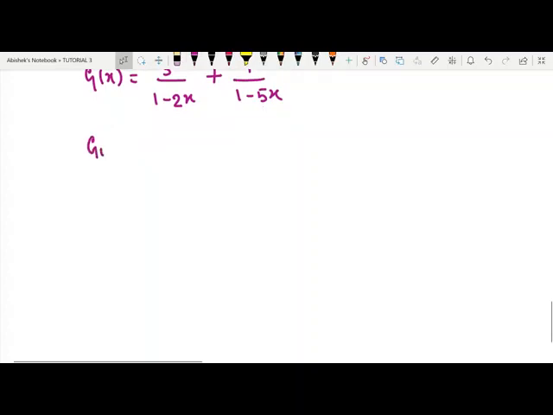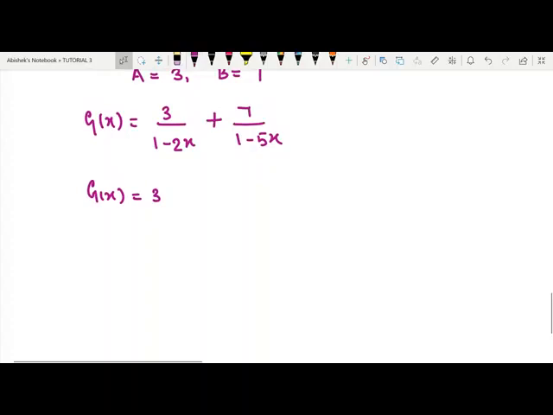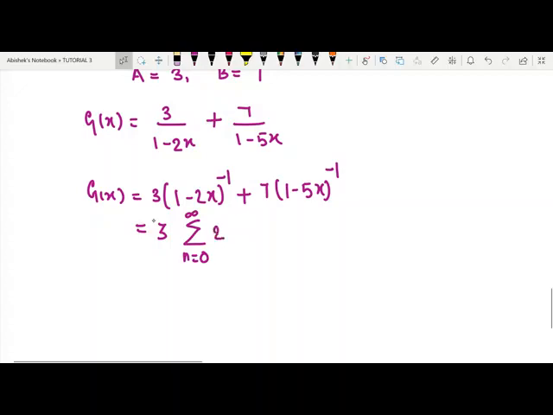That is, 3 into 1 minus 2x whole power minus 1, and similarly 1 minus 5x whole power minus 1, which equals 3 into summation of n equals 0 to infinity 2 power n x power n.